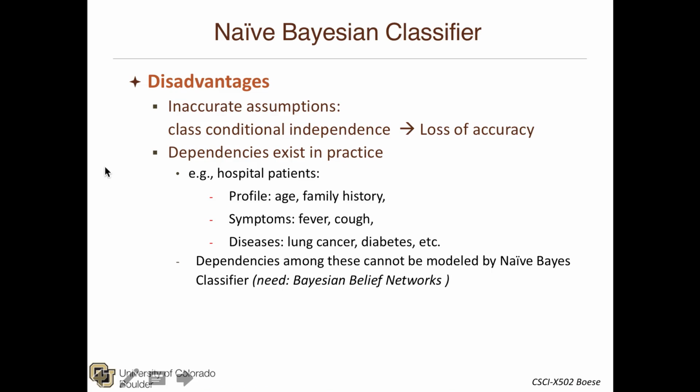For example, with hospital patients, with your profile, the age, family history, symptoms, diseases, there tend to be some dependencies in there. The naive Bayes classifier cannot handle or model this very well, the fact that there are dependencies across the board. So you really need to use Bayesian belief networks for handling that type of problem.